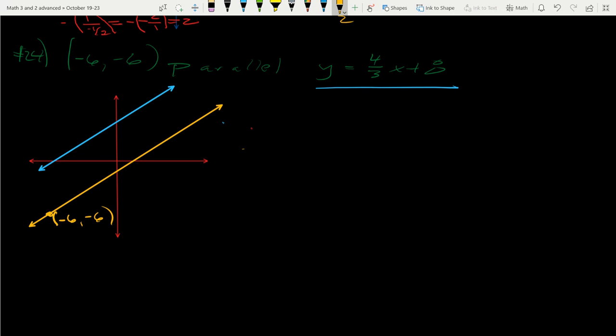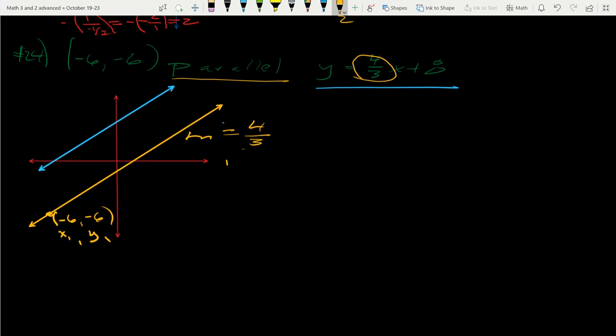Okay. So now I have an x1 and a y1. And I also know that it's parallel. So the slope of this blue line is 4/3. That means the slope of the second line is also 4/3 because they're parallel.